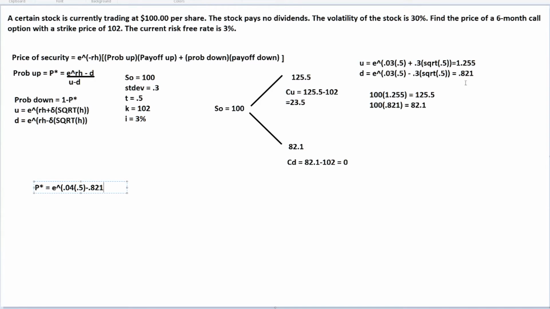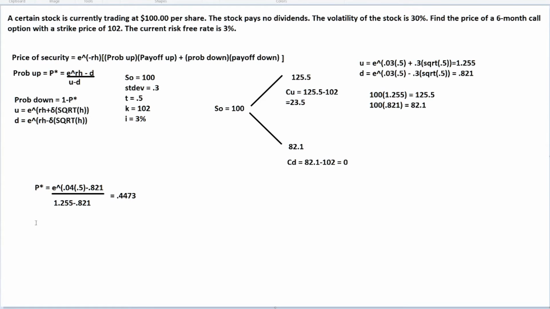And then we're going to divide this whole thing by our up factor, 1.255, minus our down factor, 0.821. And so we get our probability up is equal to 0.4473.